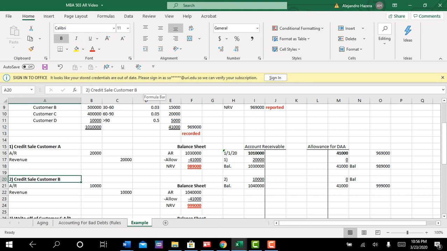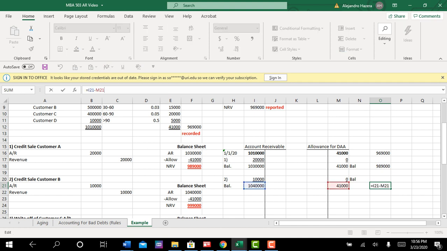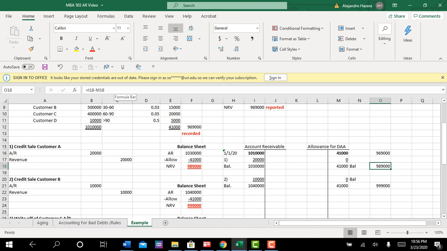There's no entry there to the allowance account. So our rules stay the same, that in the T accounts our allowance doesn't change, which means that your net realizable value did change. That net realizable value of $999,000 is $10,000 higher than the previous net realizable value of $989,000.